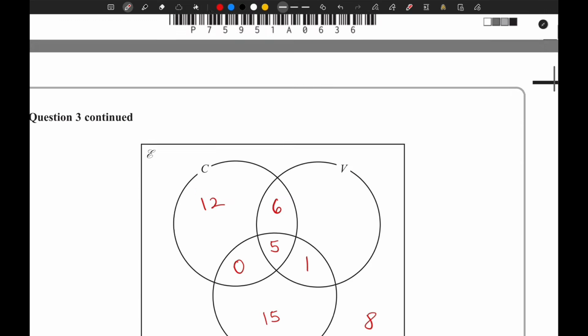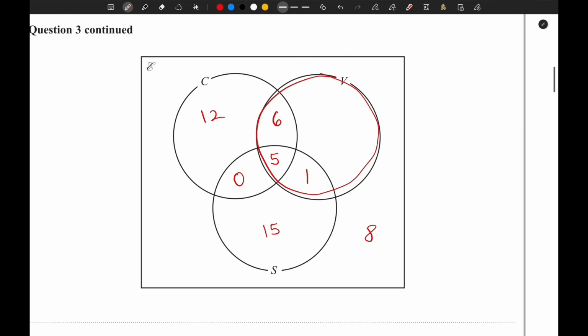35 like vanilla. So this whole region represents 35 people. If I subtract 6, 5, and 1 from 35, I will get the value for this region, which is 23.